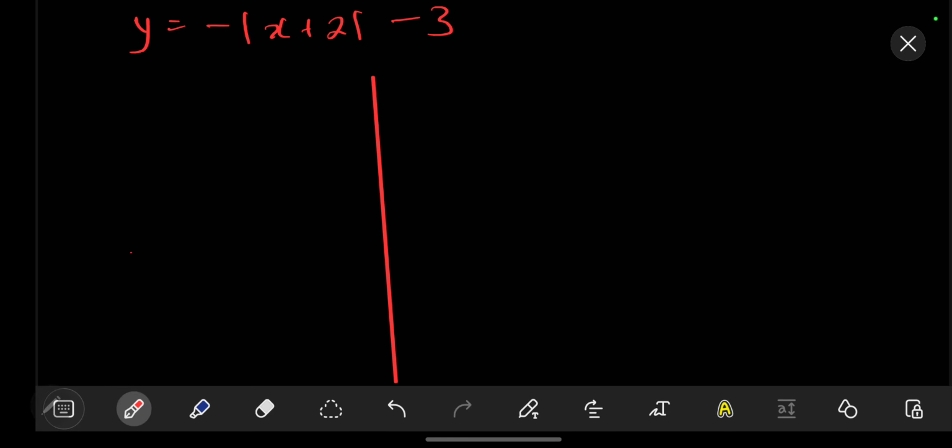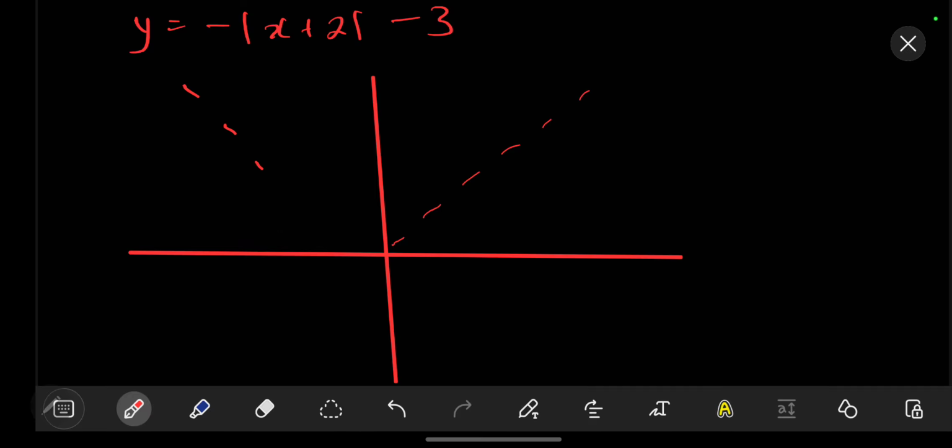So likewise, let's draw our mother graph. So we have a situation of this. So our mother graph looks like this. So this is our mother graph of y equals the absolute value of x.